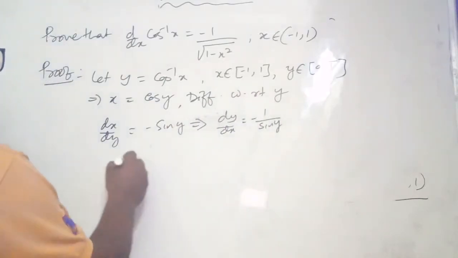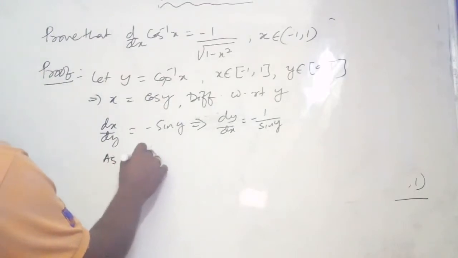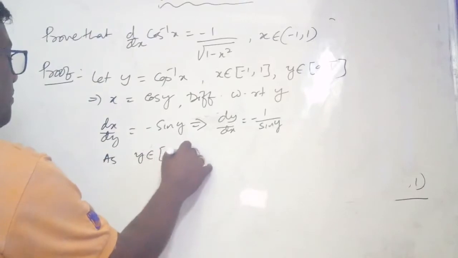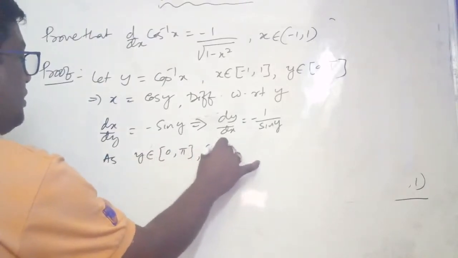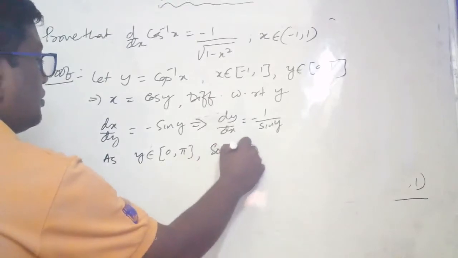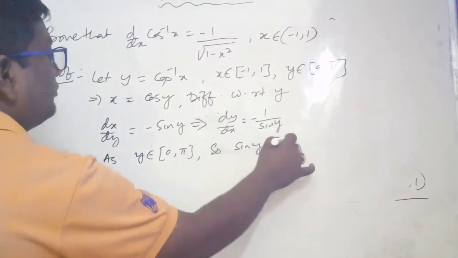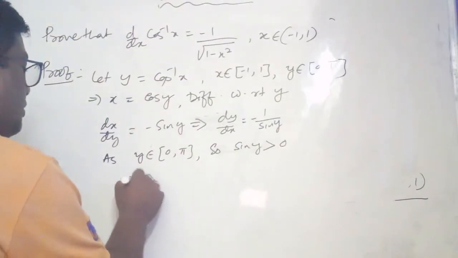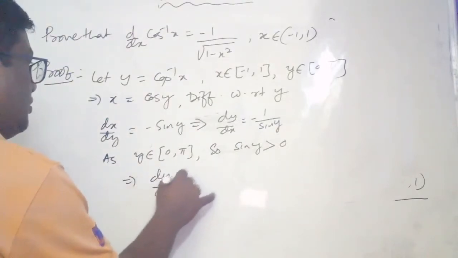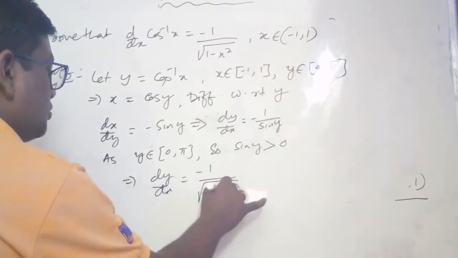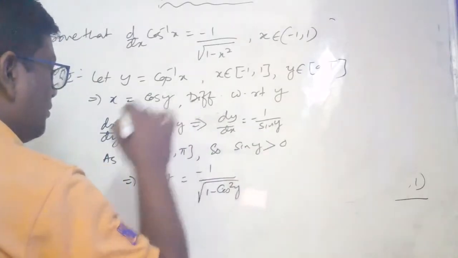Here y belongs to 0 to pi, so sin y is greater than 0. That is, dy by dx is equal to minus 1 by root over 1 minus cos square y.